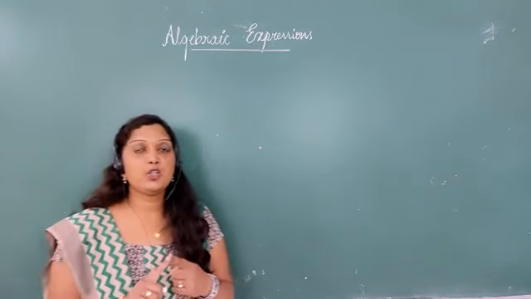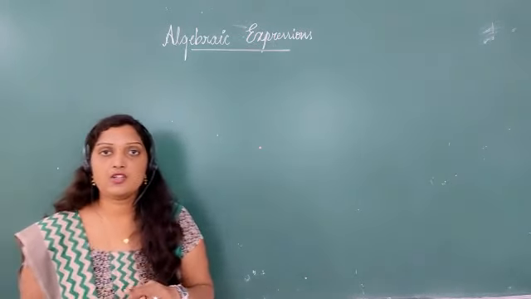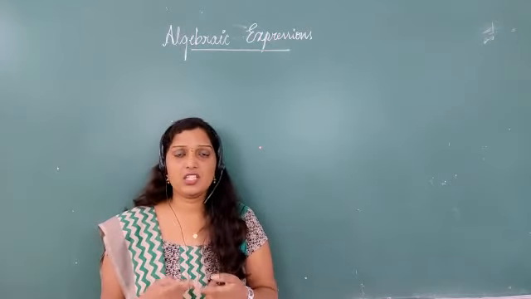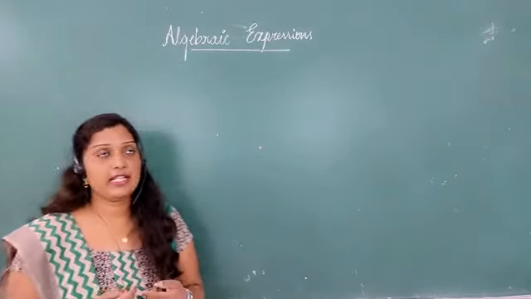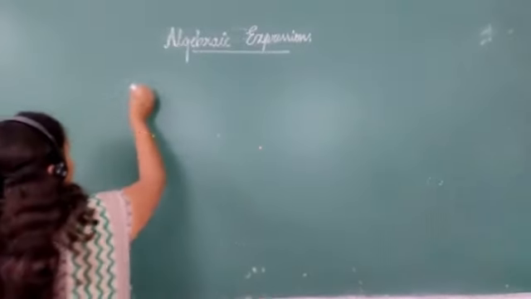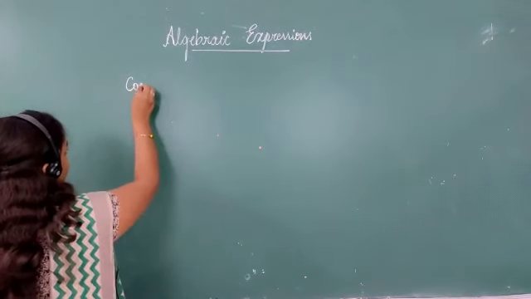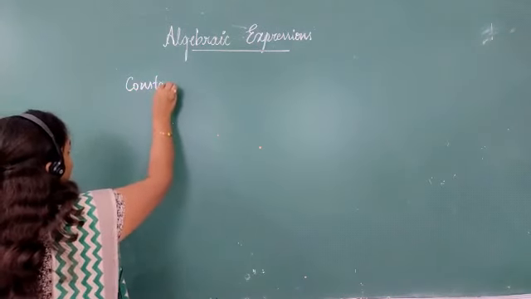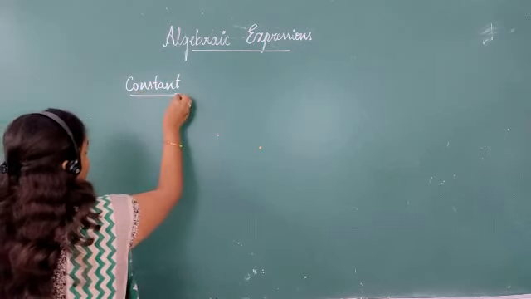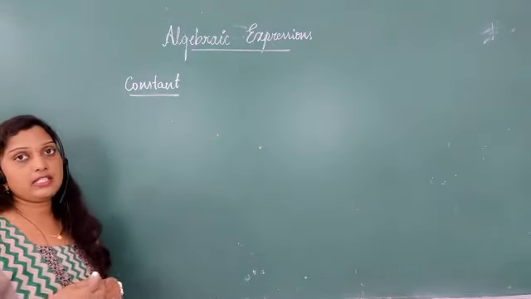So the first topic is introduction. In the introduction we will go over a few definitions that we have learnt in the previous classes. First one is constant. You have learnt this in the previous class itself, right? So what is a constant?